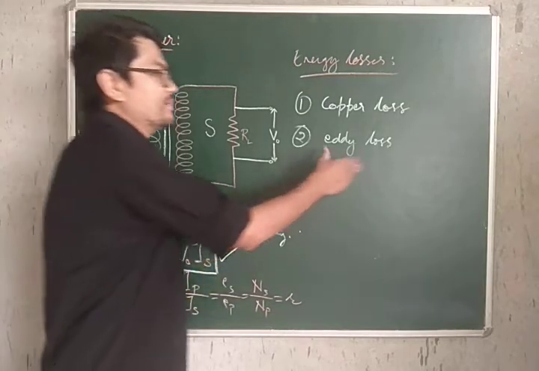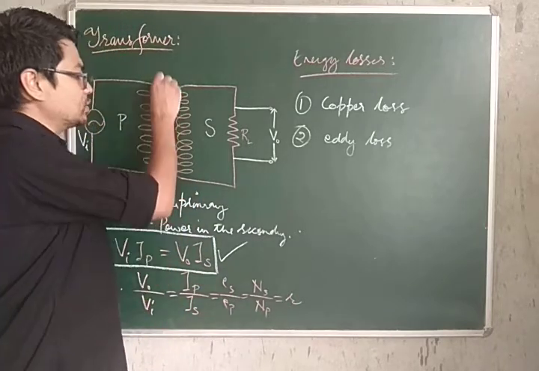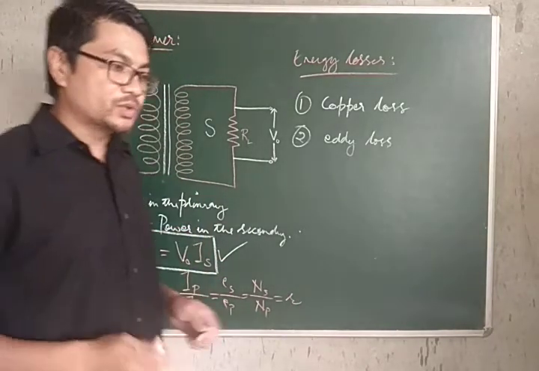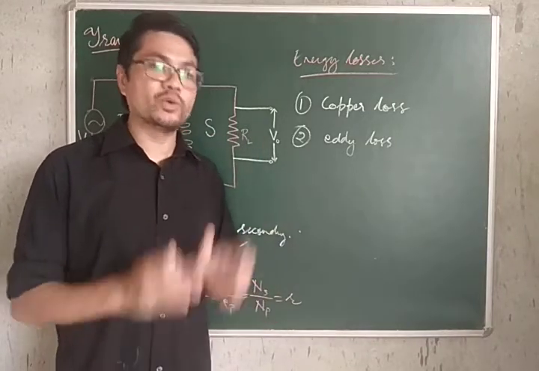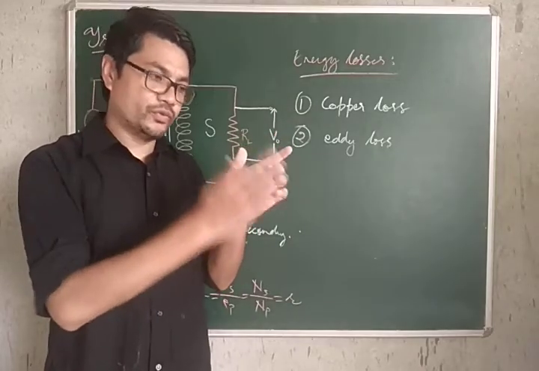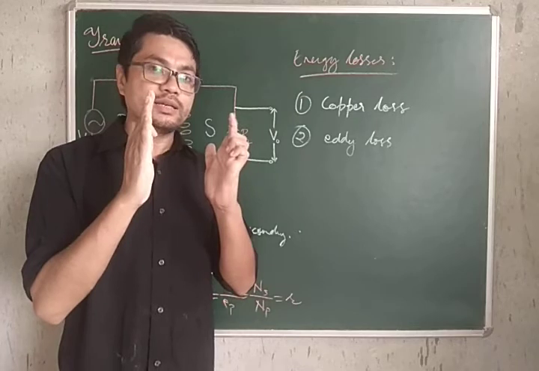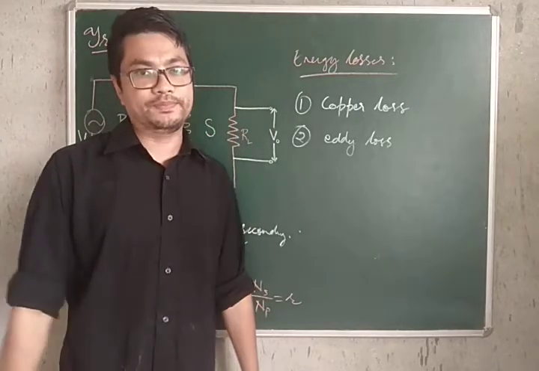Now to minimize eddy current loss, what is done is, you don't use a solid soft iron core conductor. What you rather do is, you use a laminated soft iron core. Now what is that laminated? You take thin sheets of the conductor, and you paste them together such that they are insulated from each other.